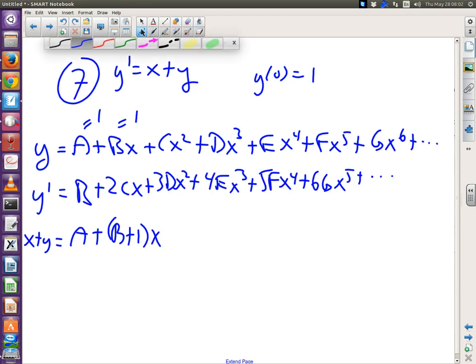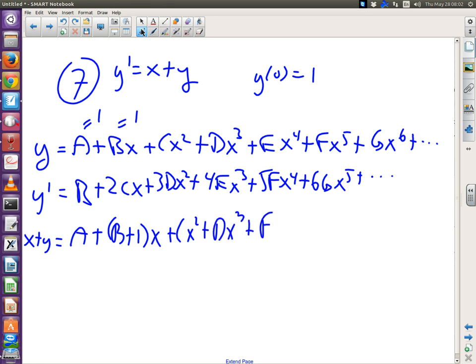Right, the rest of the series is the same. Just write it down. This is the b term. All right, here's the c term. Here's the d term. And I only need this many terms because that's all I'm matching up. All right. So we've got that a is 1 by plugging in the initial condition. And b is a, so that's okay.